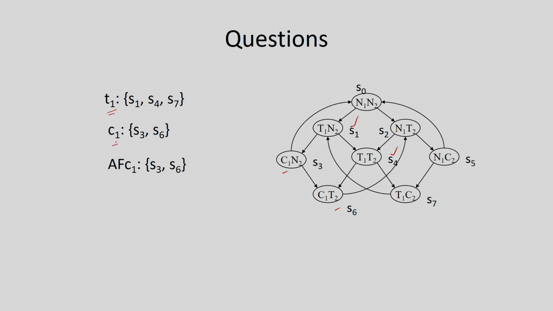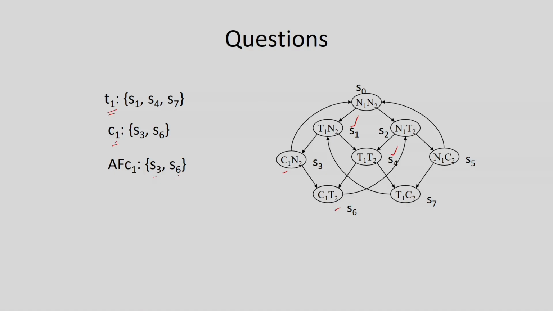Now we are going to look for the set of states where AF C1 is true. As per our semantics, wherever C1 is true, AF C1 will be true in that state. So S3 and S6 are the states where AF C1 is true. This is the initial point.